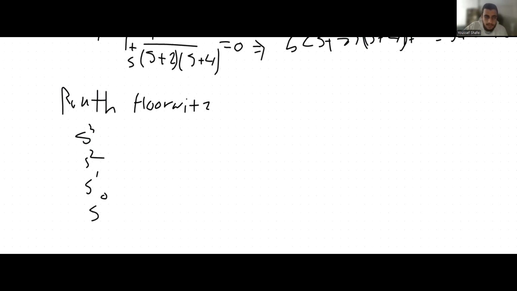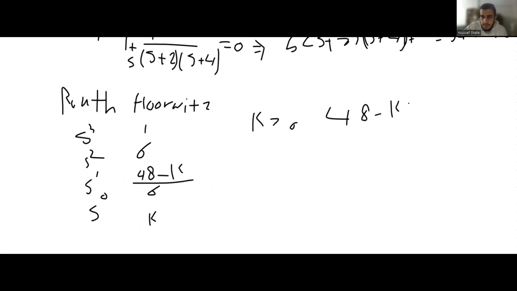Here we have 1, 6, 8, K, and the first element is 6, and (48 minus K) over 6. Here we have K greater than 0 and 48 minus K greater than 0. So K will be greater than 0 and smaller than 48.